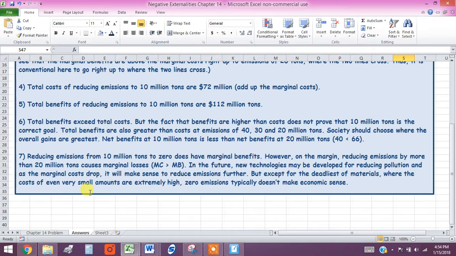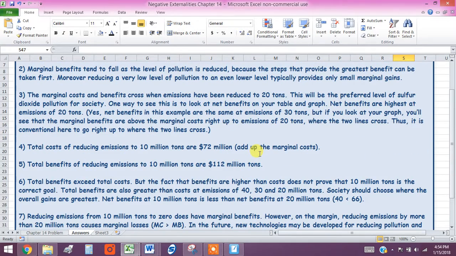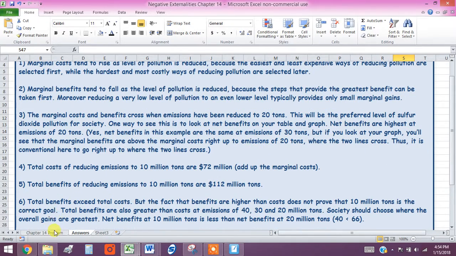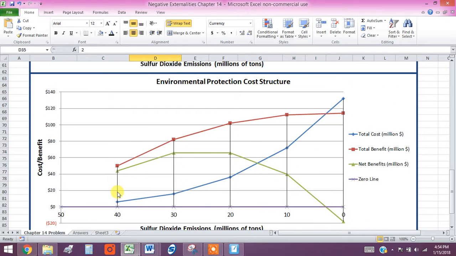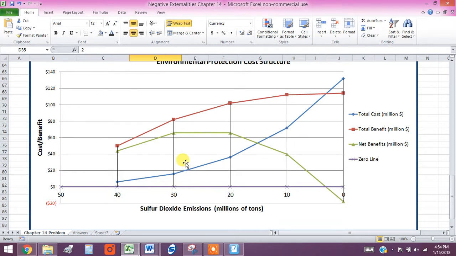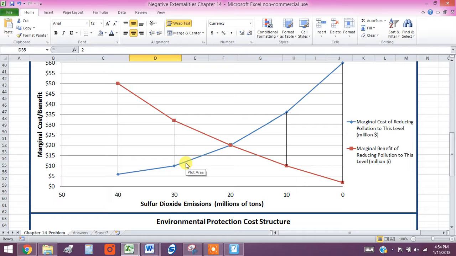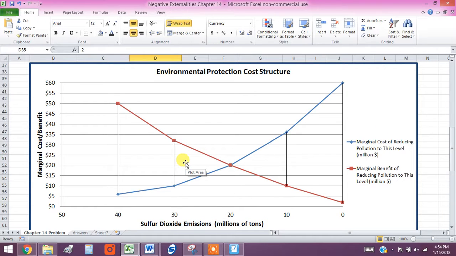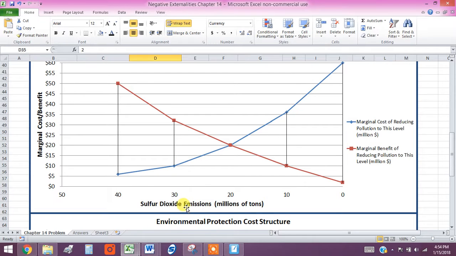Of course, there are so many variables. I want you to keep in mind, this is a very simplified model, making a lot of assumptions. If you were doing this for real, you'd have to look at exactly what would be the damage or what would be the danger of this particular pollutant, more than just this very simple graph.